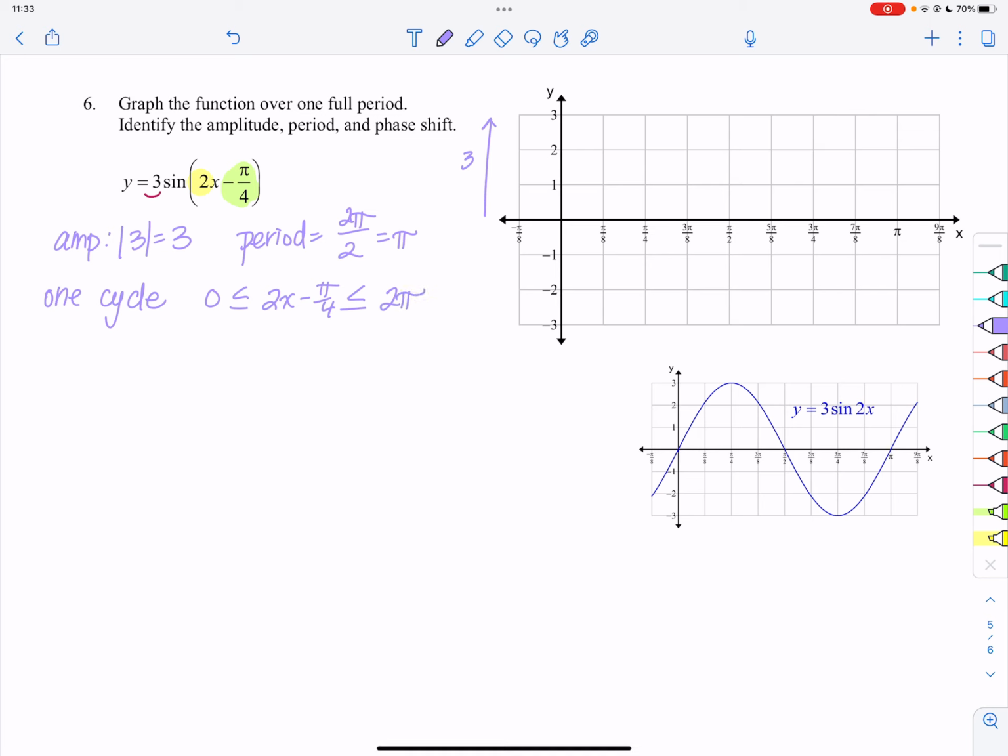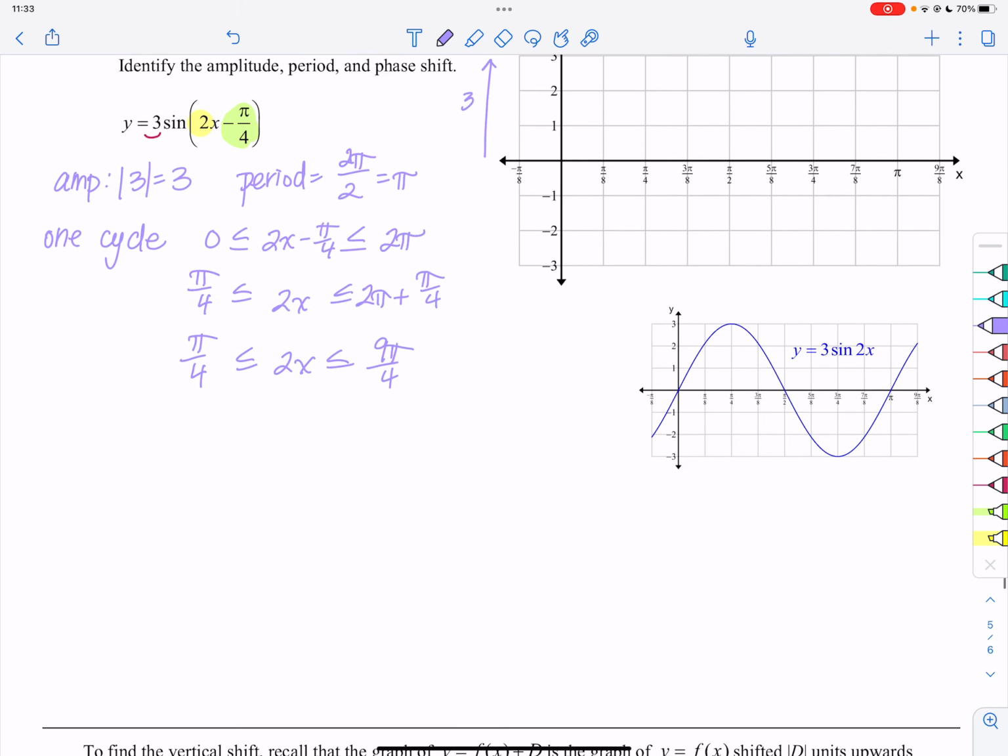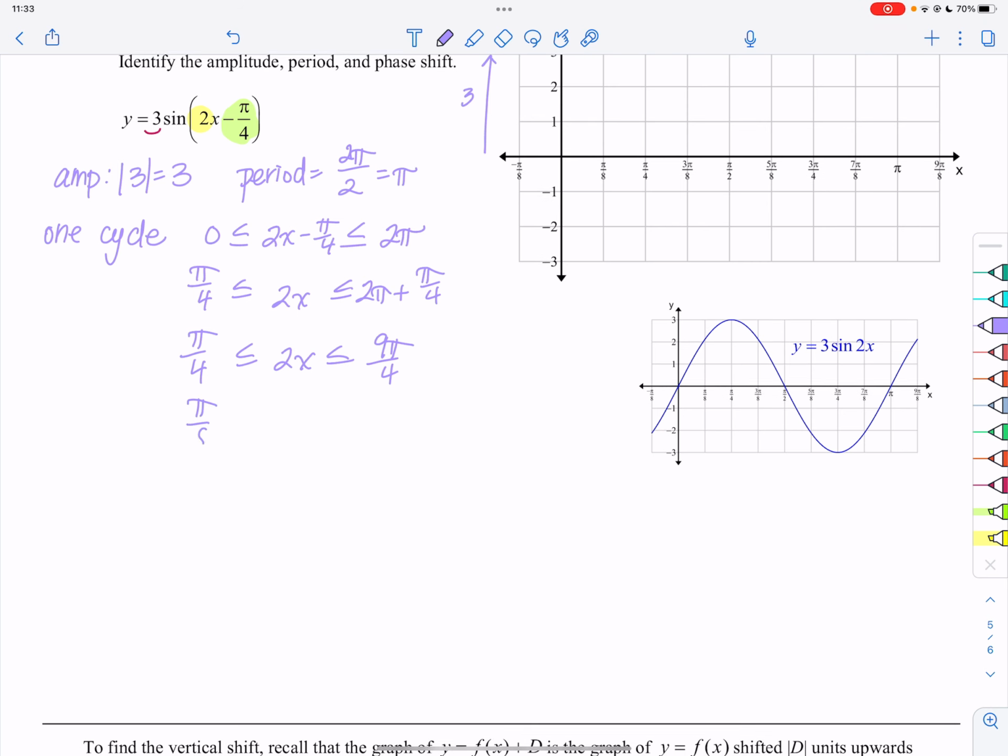Now I'm going to add pi over 4 to all parts of this 3-part inequality, and that is 2 pi plus pi over 4, and then we have pi over 4. That's 8 pi over 4 plus pi over 4, which is 9 pi over 4. Okay, now we're going to divide all parts by a positive 2.